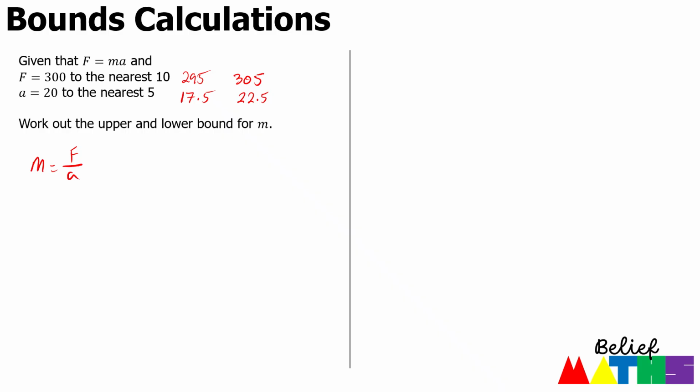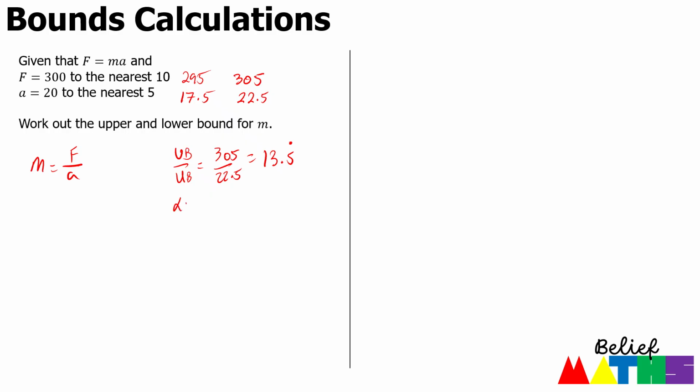Now you've got 4 options in combinations that you can do to work out m and try and figure out the lower and upper bounds. So if we look at all of those, you've got upper bound over upper bound, which would be 305 over 22.5. That gives us an answer of 13.5 recurring.